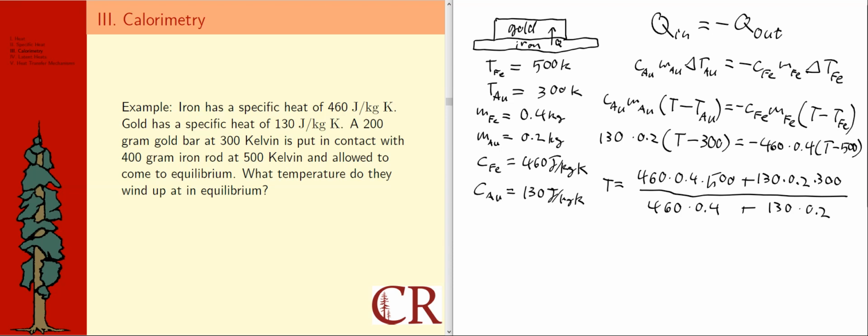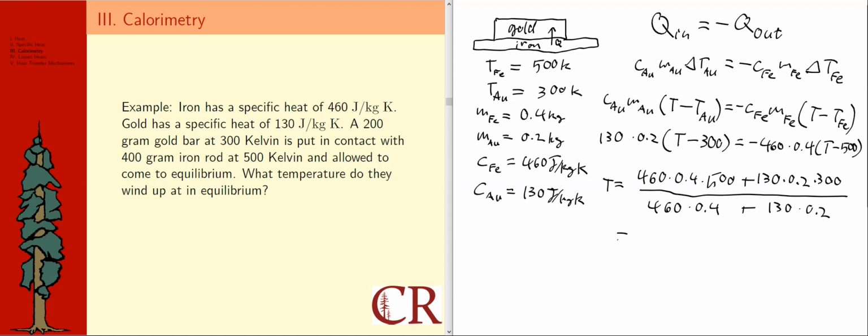What's interesting is I wrote it this way deliberately, and I skipped some algebra steps because I really don't think I could have done it in the space that was there. This looks like a weighted average of the two temperatures, weighted by the specific heat multiplied by the mass of the substance that was there.